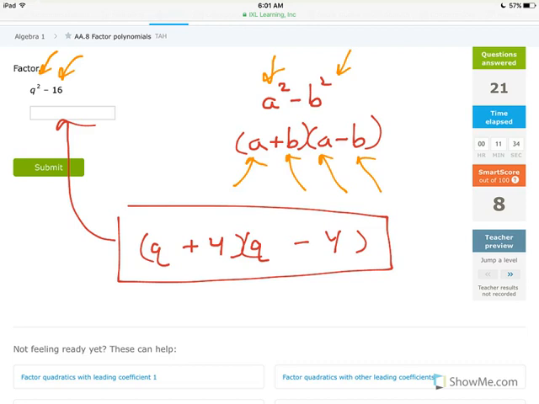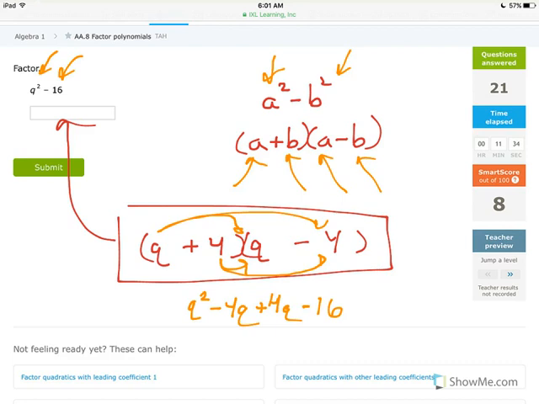So if you do q times q, then you get q squared. Q times negative 4 is negative 4q. 4 times q is positive 4q. And a positive times a negative is a negative, and 4 times 4 is 16.